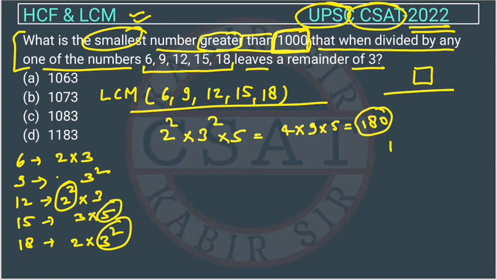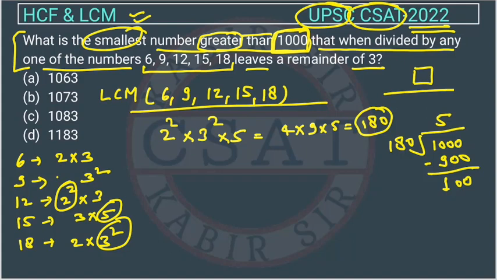We will divide 1000 by 180, right? It will go 5 times, so it is 900. So what is remaining? 100. Now we can't divide 100 by 180, right? Because here 80 is less. If we add 80 to this, we can divide it by 180.